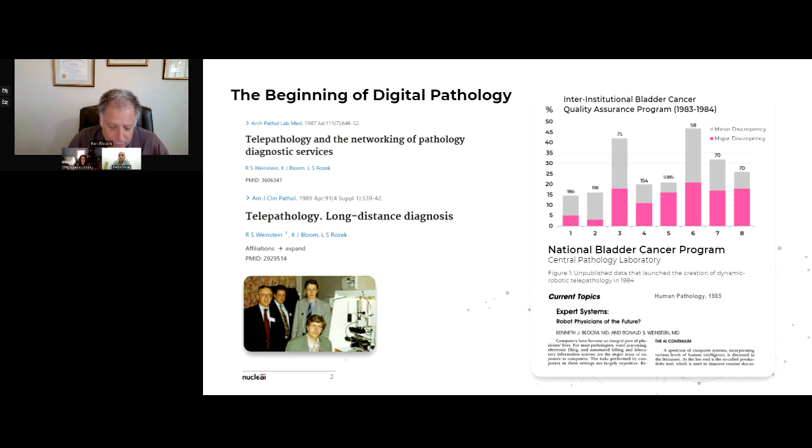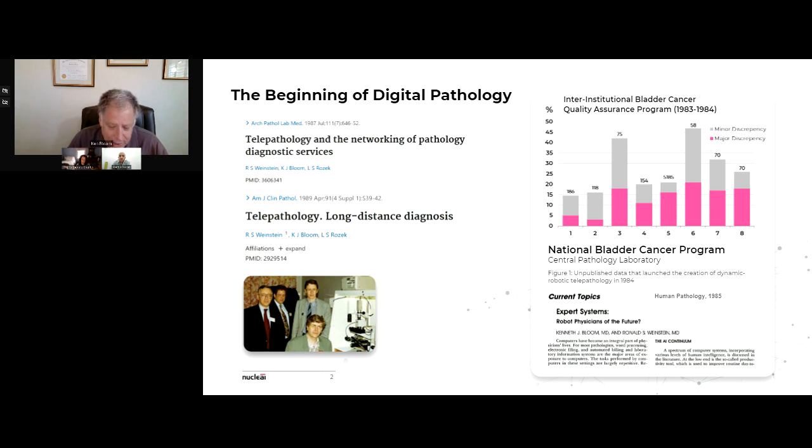What they discovered was that the inter-observer variability was identifying dozens of treated bladder cancer patients that actually didn't meet the eligibility criteria for the trial. You can see this from the graph on the right, and some of the institutions had major discrepancy rates of close to 20%. Several unsuccessful attempts were made to correct the discrepancies, but none of them proved to be sustainable.